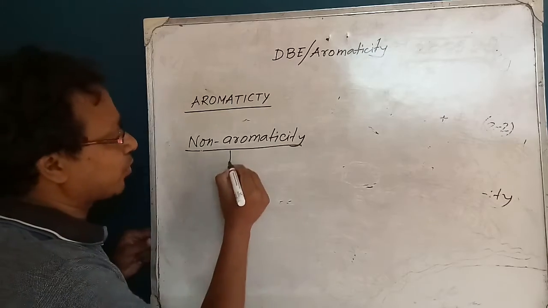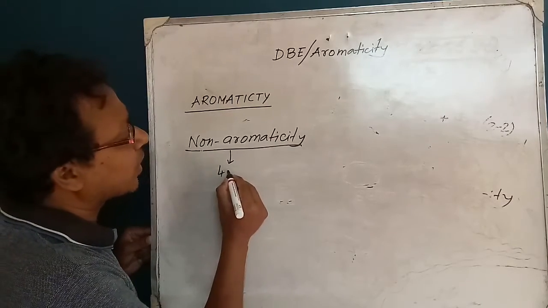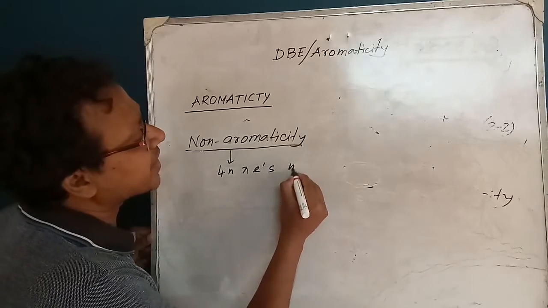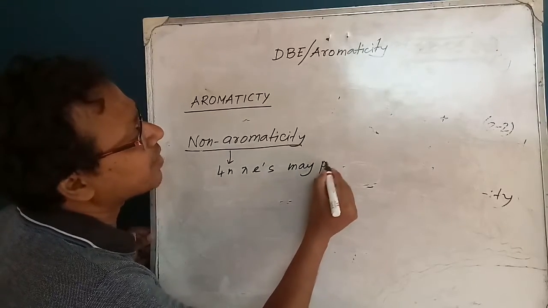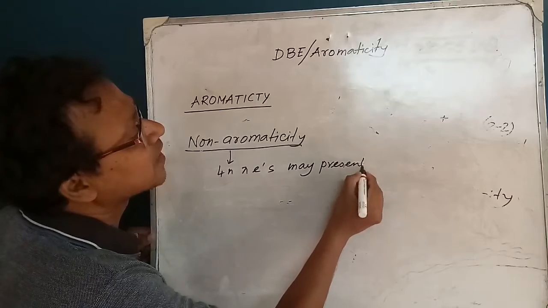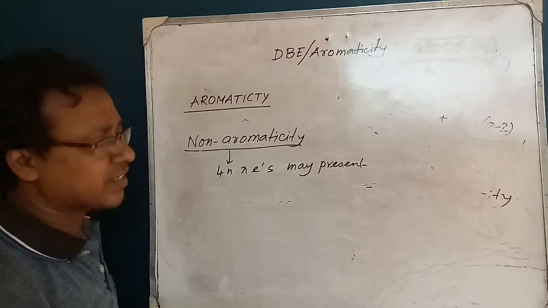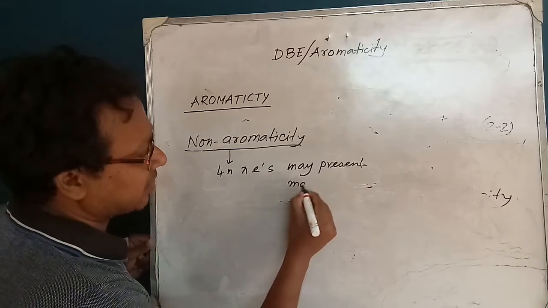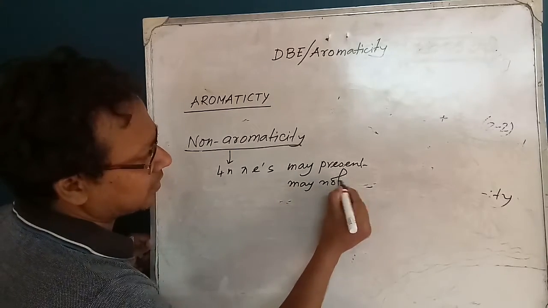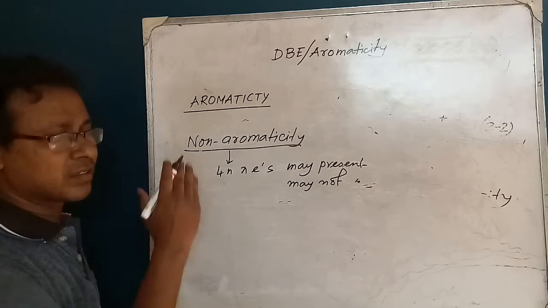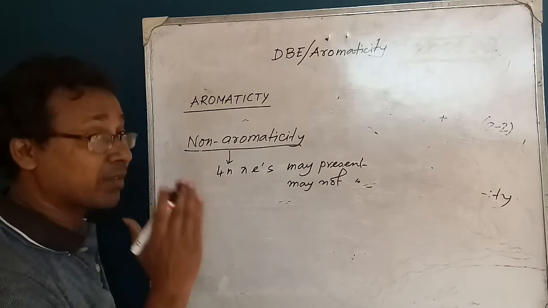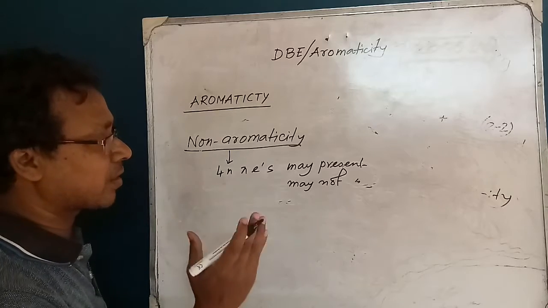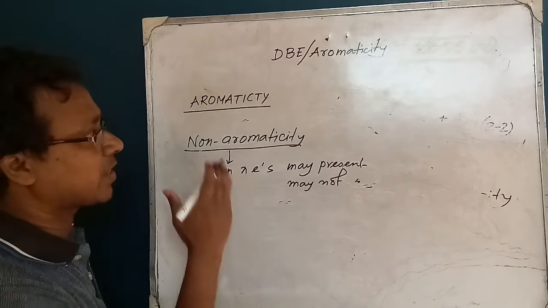Here also 4n pi electrons may be present, or may not be present. It is non-aromatic. But my question is, when and how will you identify that a system has 4n pi electrons but it is non-aromatic?